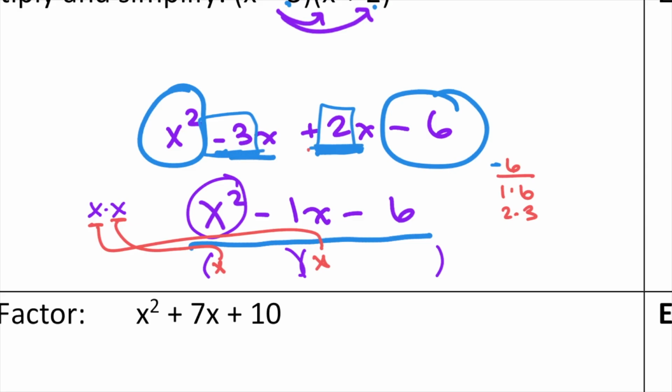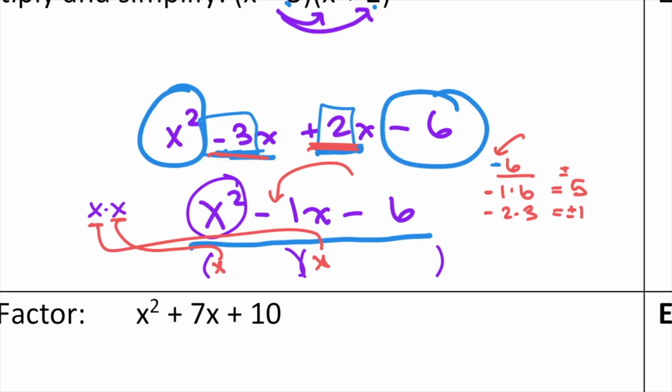Well, look closely. Positive 2, negative 3 gives us negative 1. If I were to think about my 1 and my 6 and subtract them, I would get a 5, or I'd get a negative 5. So one of those two answers. And if I look at 2 and 3, I'm either going to get a positive 1 or a negative 1.